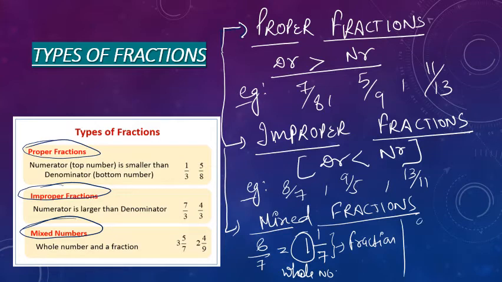Similarly, you can have 9 by 5 as 1, 4 by 5. 13 over 11 can be written as 1, 2 by 11. So that's how we can write types of fractions.